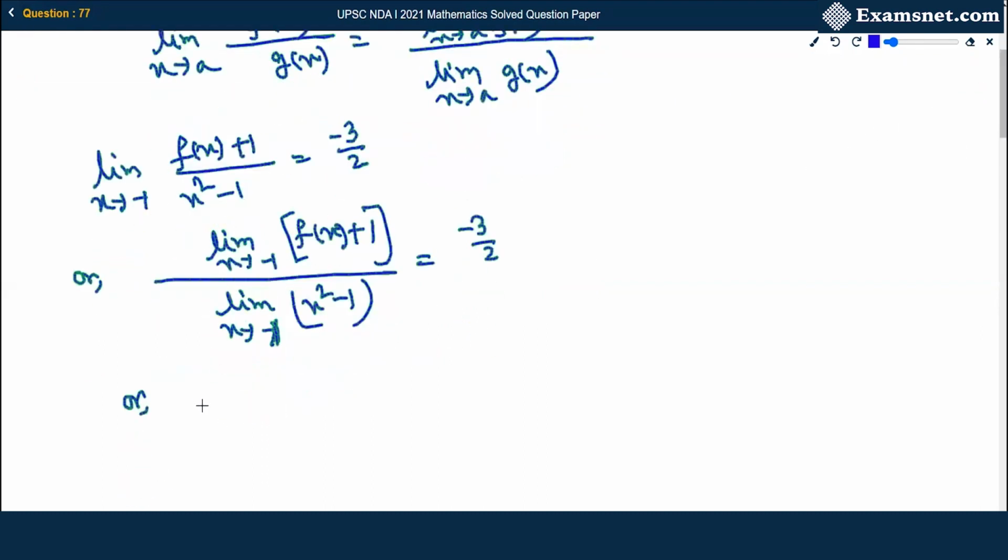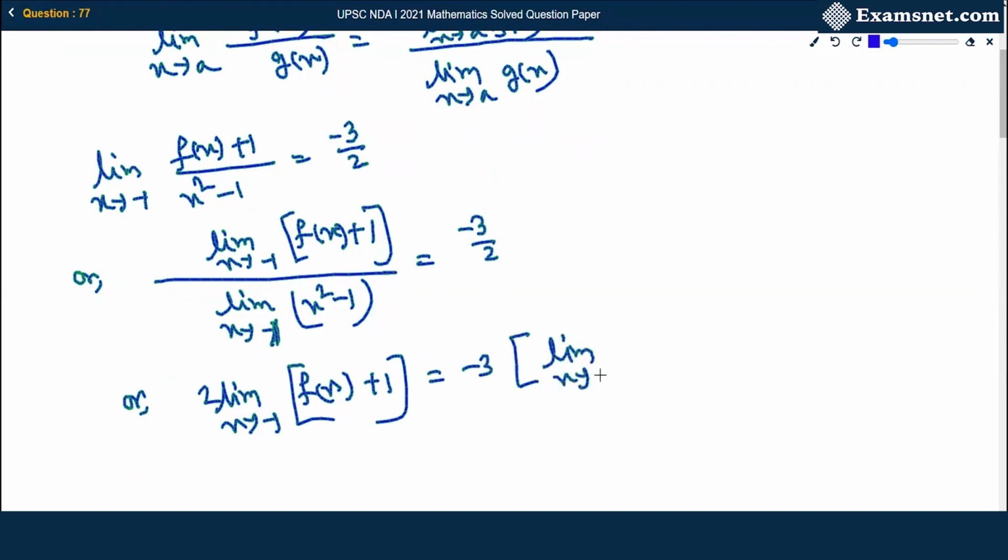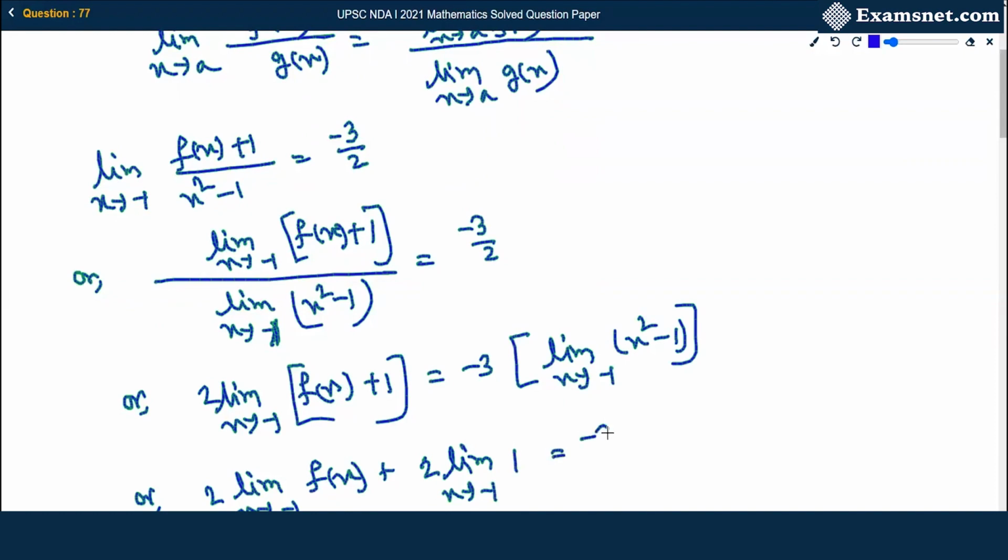Or, we can take it to the other side: limit as x tends to -1 of (f of x plus 1) equals -3 times limit as x tends to -1 of (x square minus 1), or limit as x tends to -1 of f of x plus 2 times limit as x tends to -1 of 1 equals -3.